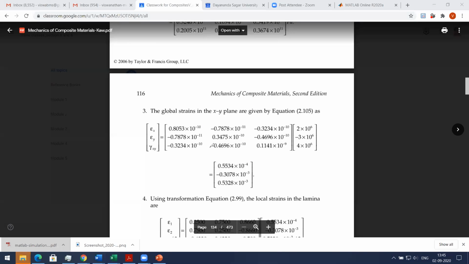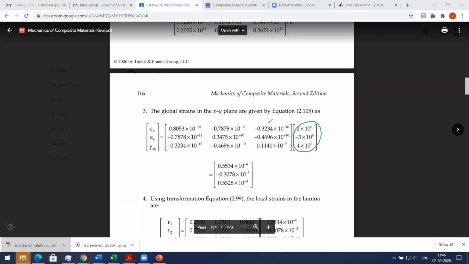See, what are the units of this matrix? GPa only. The stresses are 2 MPa, minus 3, 4 MPa, right? So can you multiply these two?